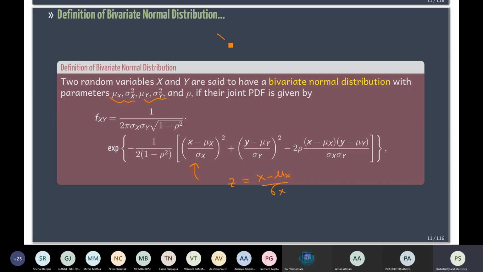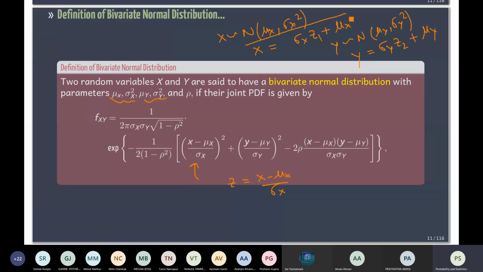So we know that if x is normal with mean mu x and variance sigma x square, then I can express x as sigma x z plus mu x. Similarly, if y has mean mu y and variance sigma y squared, then I can express y as sigma y times z2 plus mu y.